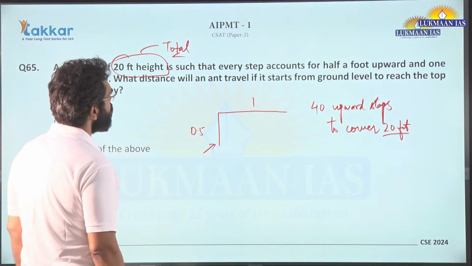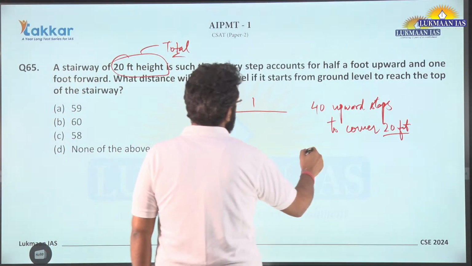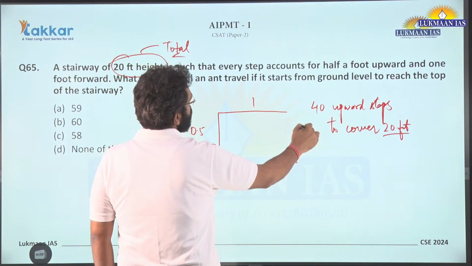For every step the ant takes, it will have to travel 1 foot horizontally also.